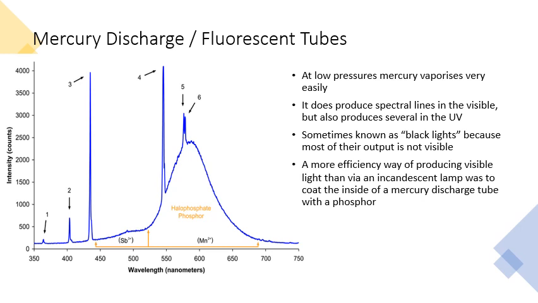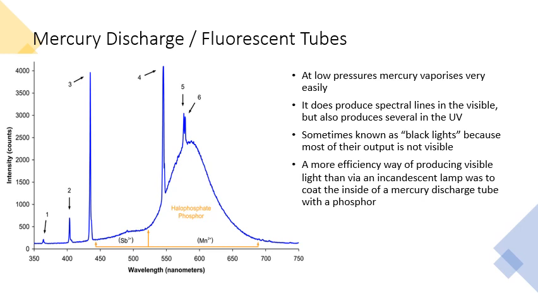A phosphor is giving us a very broad peak in the sort of the oranges and the reds, so that the blues and the greens that we're getting already from the mercury, plus this orangey red that we're getting from the phosphor, mean that altogether it's enough to con our eyes into thinking we're receiving white light.